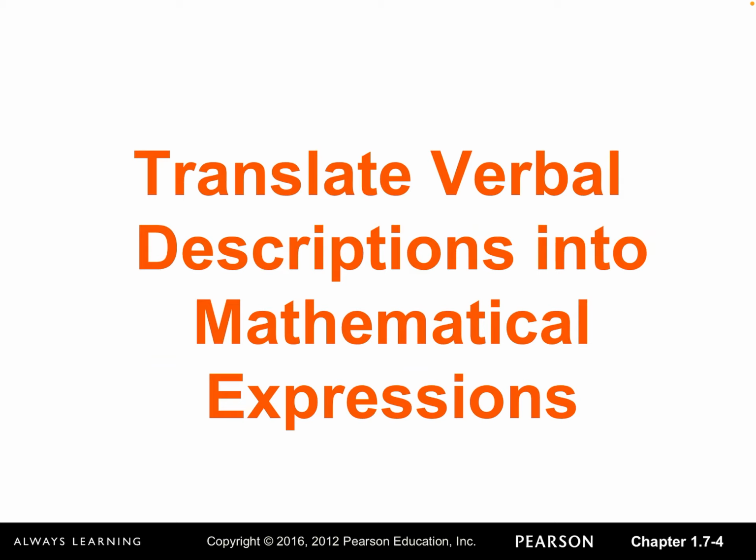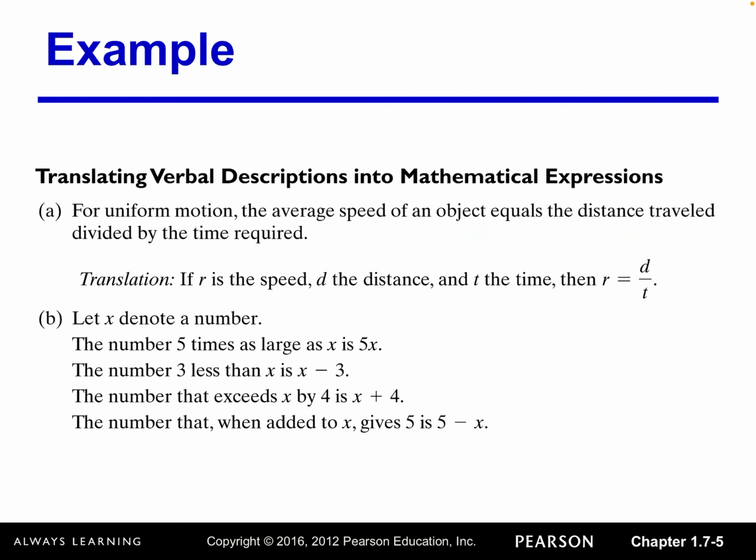All right, let's look at the first section, how to translate verbal description into mathematical expressions. Normally, to translate verbal description into mathematical expression, we need to look for the keywords, and those keywords indicate the type of operation mathematically.